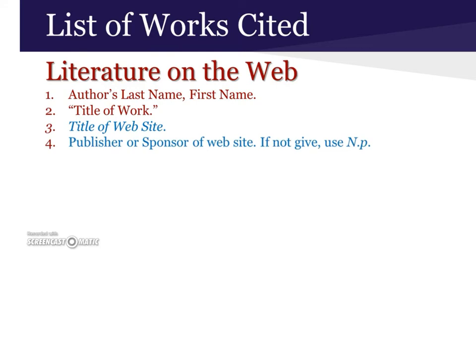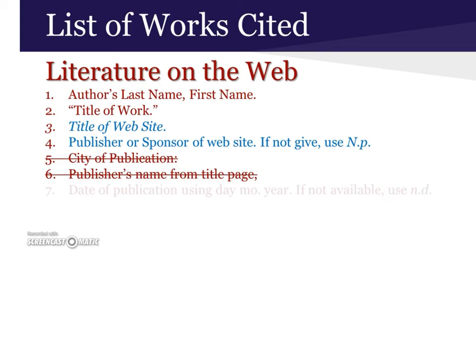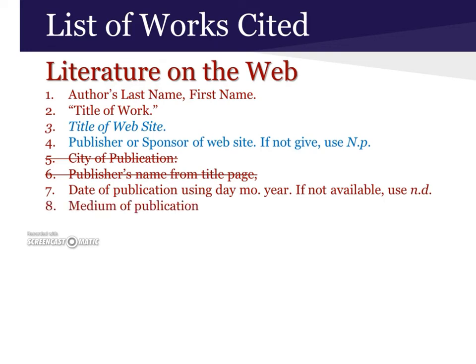If there is none given, you use capital N, lowercase p, and you eliminate the city of publication. You also eliminate the publisher's name from the title page. Then you give the date of the publication, and if none is available, you use N period D period. The medium of publication, in this case the web, and then the date of access.